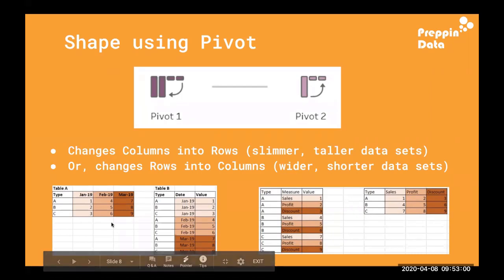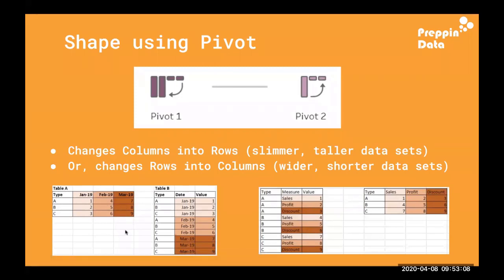Table A, my original table, has my individual months working their way across as individual columns, as we've just seen for Tableau, and that's not ideal. It'd be much easier to have all of those dates in one column and all of the relevant values sitting alongside.